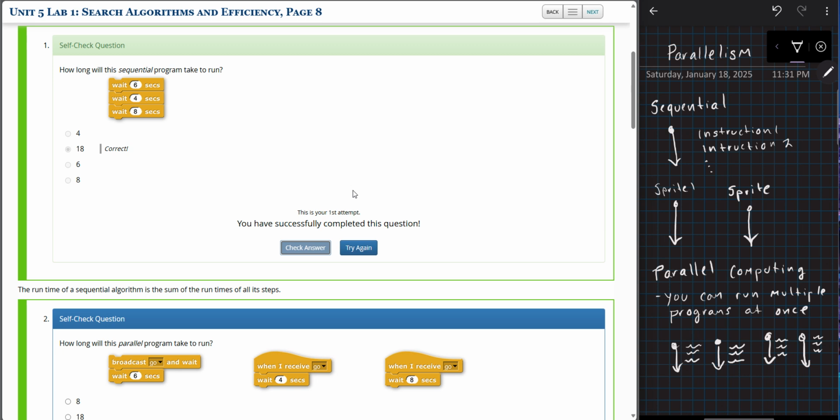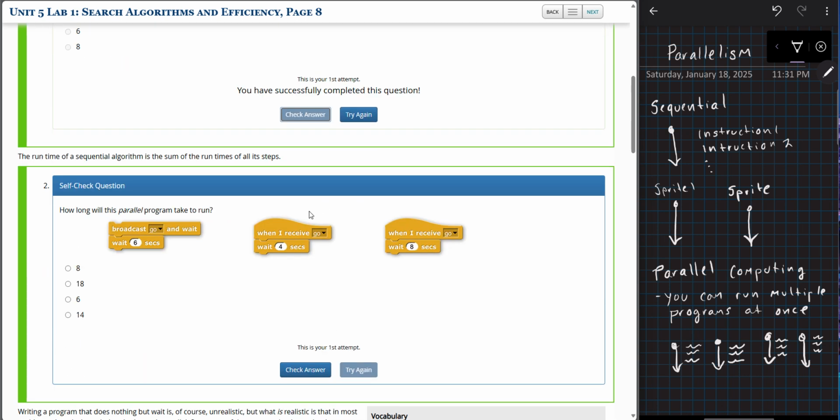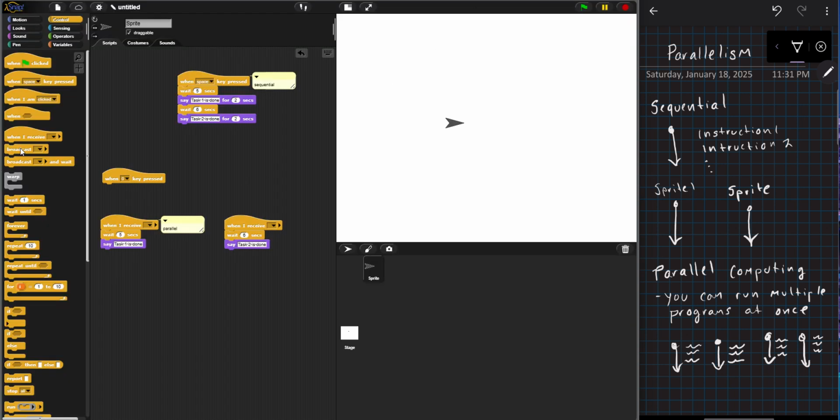So now we have this thing right here, and you might think, what does broadcast mean? If you broadcast a signal, you can have these hat blocks right here pick up that signal. So for example, let's make a new signal and call it upload, just for that example, like we're uploading a picture and a caption.